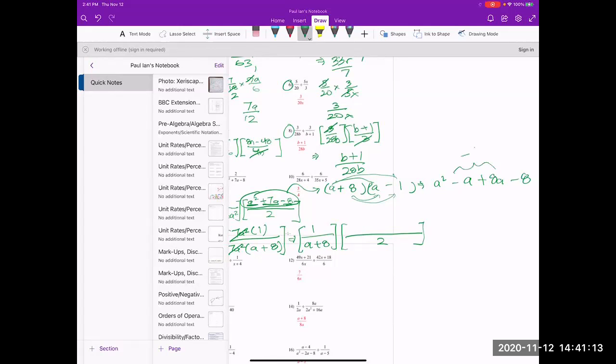And this one is minus 7a, or plus 7a rather. Yeah. So that's the one. Does that make sense though? Yeah. Okay. And then it's a plus 8, a minus 1.